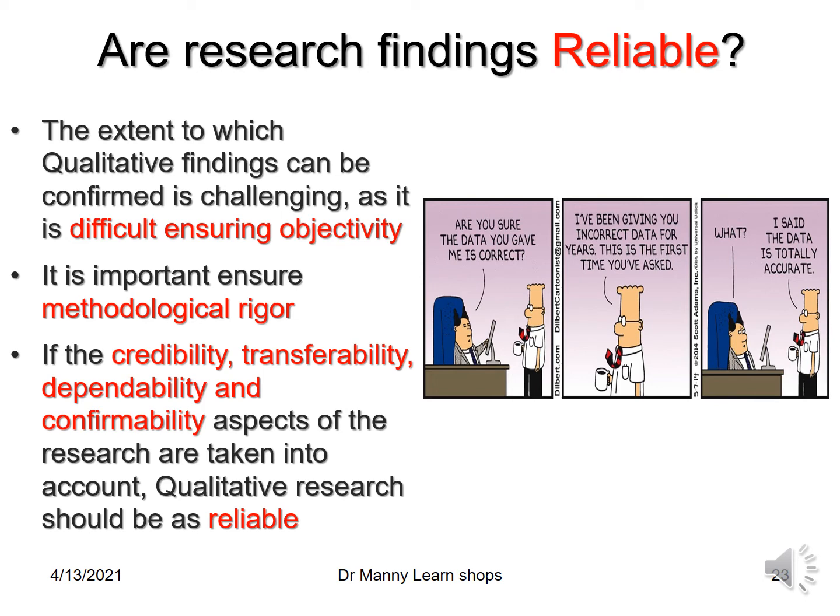However, it's important to ensure methodological rigor, quality of your research, and the credibility, transferability, dependability, and confirmability, which are aspects related to reliability and validity. These are aspects of research that are taken into account. And if they are, then qualitative research should be seen as reliable, which means you can trust the findings of the researcher.